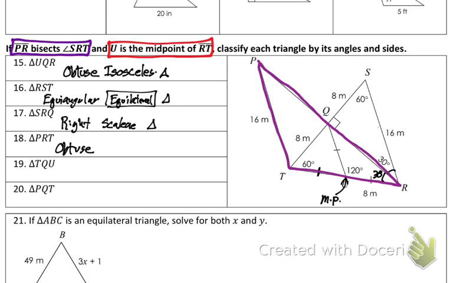Remember how we put that tick mark on that midpoint? So if one of them's 8, then the other one must be 8 as well, which makes this total length 16. So that's a 16, 16 that is isosceles. So let's go ahead and erase. So we got an obtuse isosceles triangle.